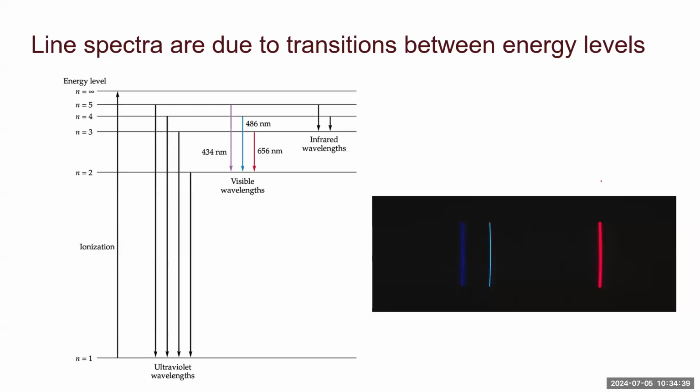Now, the reason for this is that if we think about a hydrogen atom, let's say that hydrogen atom has a mass of 1. It's got 1 proton. If that hydrogen atom is neutral, it's got 1 proton, 1 electron.